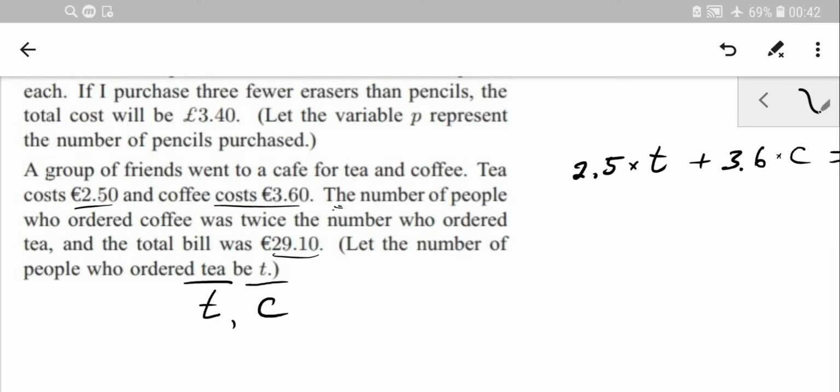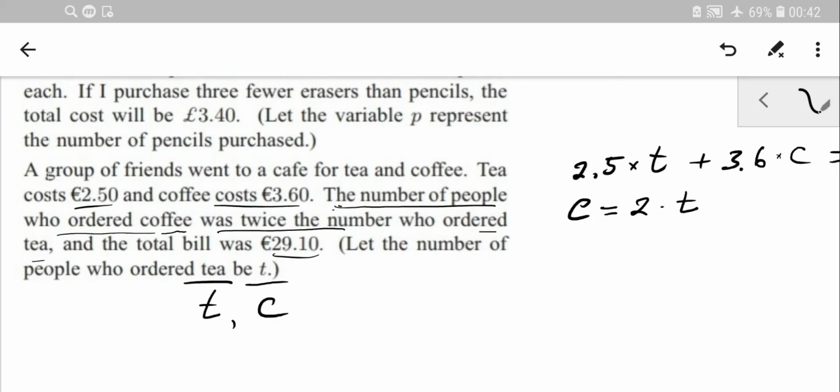Also we need to take into account that the number of people who ordered coffee was twice the number who ordered tea.